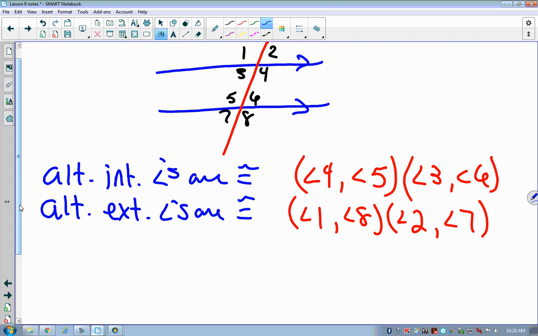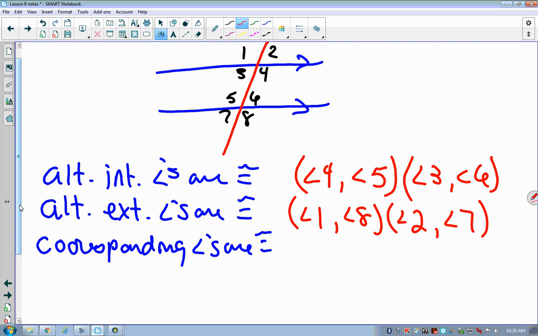All right, so we've got alternate interior, alternate exterior, and then corresponding angles. Corresponding angles would be like 1 and 5. Do you see how this angle 1 and this angle 5 are the same shape?